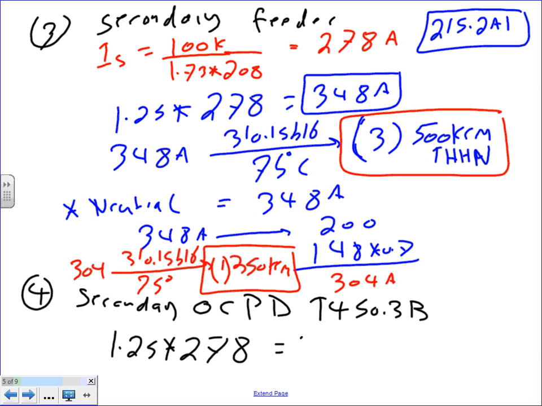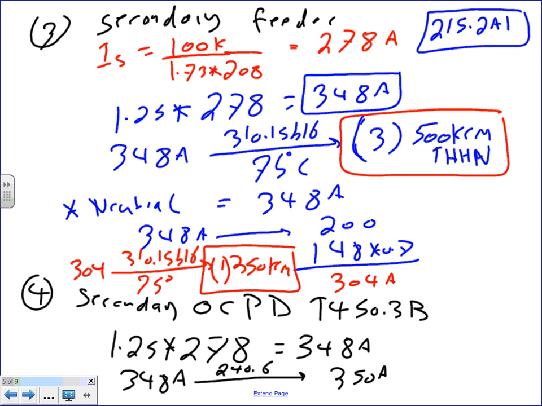That'll get you a healthy 348 amps. Then you take the 348 amps to 240.6, and that will get you a healthy 350 amp fuse or circuit breaker. And if it's not a standard size, what do I do? I go up if it's not standard. Done. That's the secondary conductors.